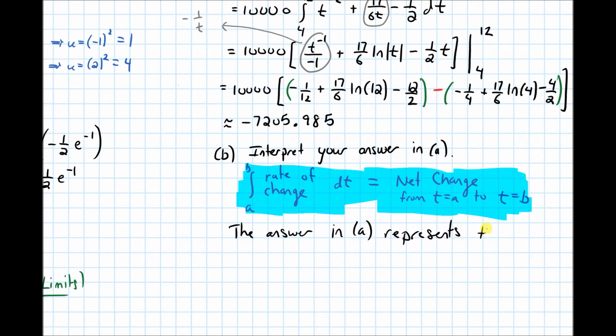I'm going to say it represents the change in, and what was our function? Our function before we took the rate of change of it was the number, I'm going to put a hashtag for number, the number of people in Disneyland.